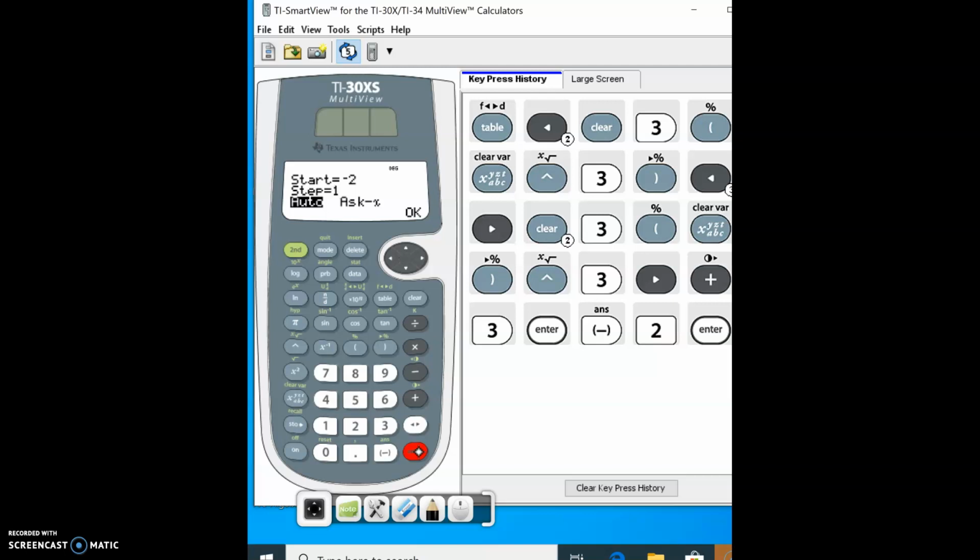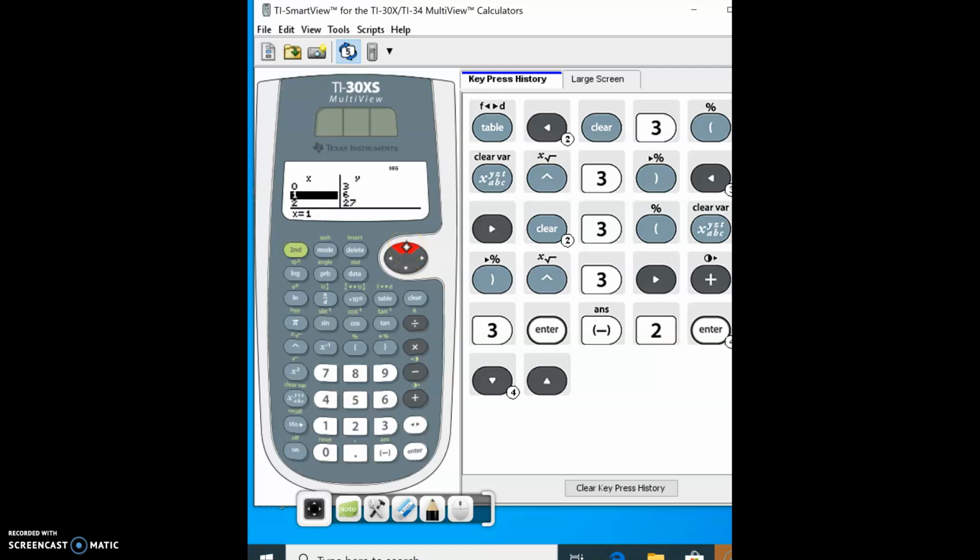Step means it goes by ones, all right? So you just keep going to OK, and boom, I've got the table. And you're going to see 2 points you want to get. You got -2, -21. That is one of my points. And then if I tab on down here to 2, I got 227.